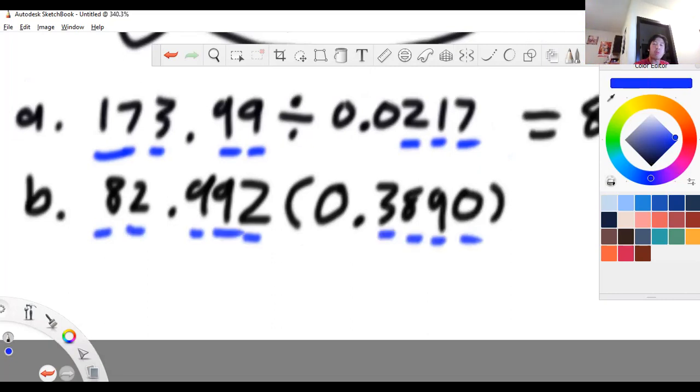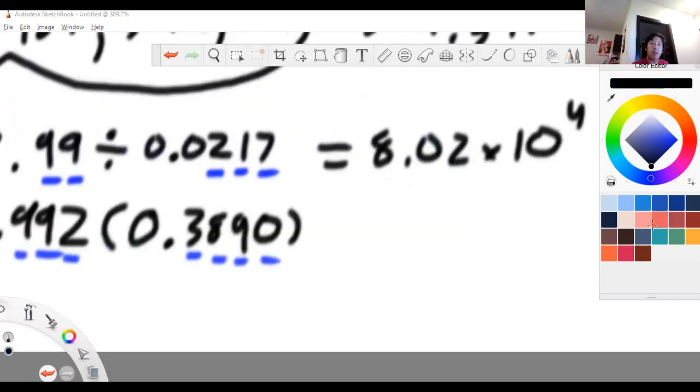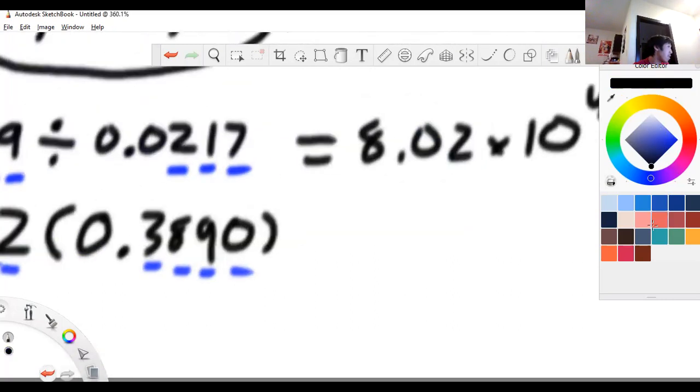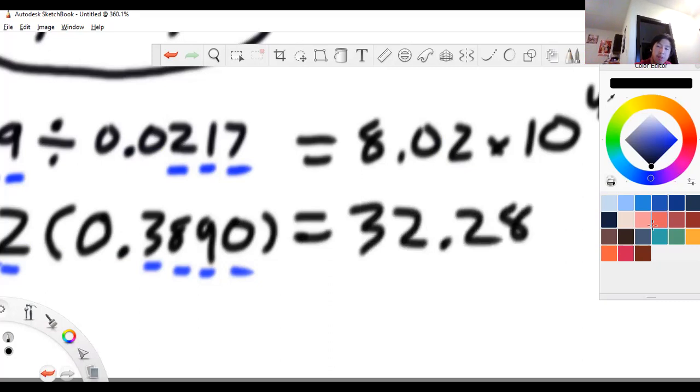Same thing with division. We can only use the one with the least amount. So the answer is going to have 4. Put it into a calculator, we get 32.28.